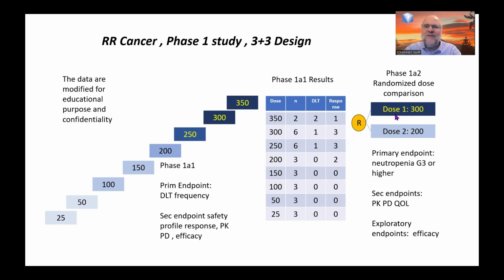We picked 300 milligrams versus 200 milligrams because we thought the difference to 250 would have been too small to see anything. The primary endpoint of that randomized comparison was a toxicity endpoint. What I will show you, it was an exploratory endpoint. Therefore, you can do this sometime in the middle of the study.